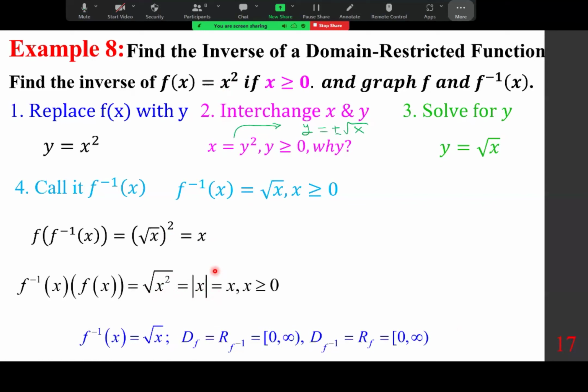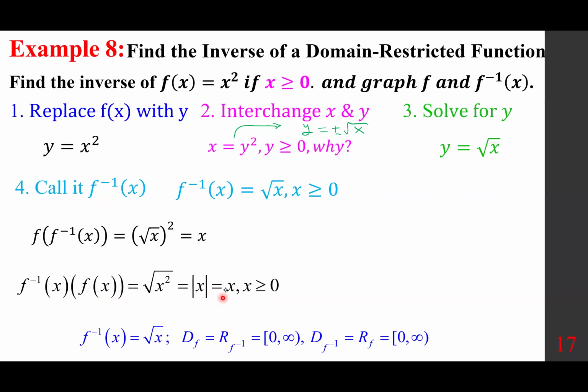However, the reason we know it's x, because x is greater than or equal to 0. You look at this one, remember, this x. X is greater than or equal to 0. So the answer is absolute value of x, which makes it x. It's important to understand this.